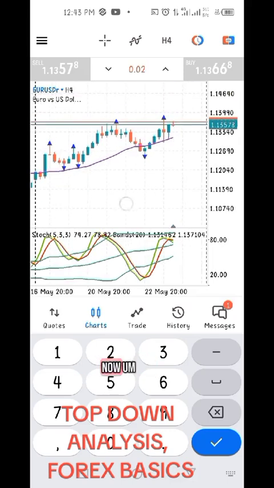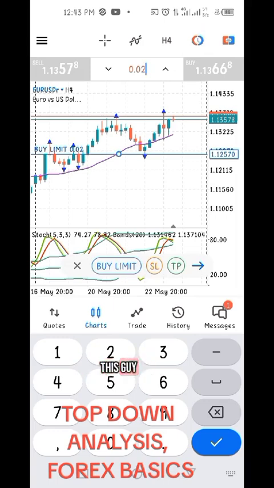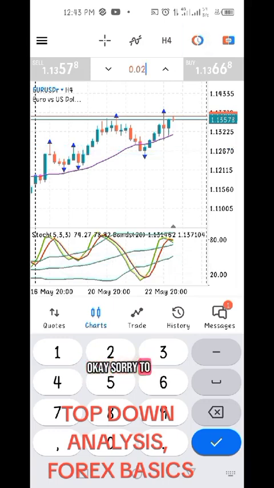Now, this is how to set your stop loss. Sorry, to set your stop loss, it is when the market is open that I can actually show you how to set your stop loss and your take profit.